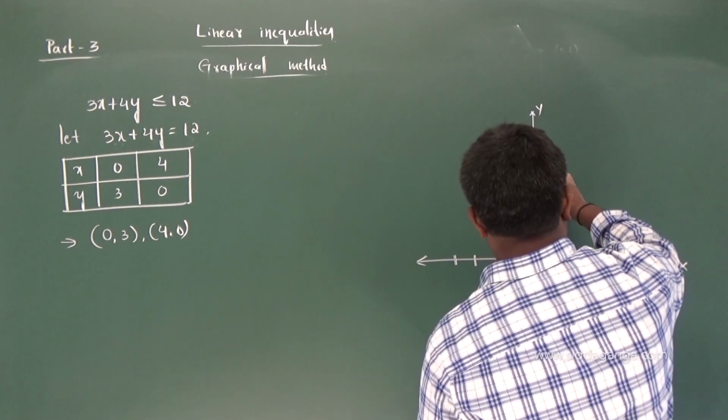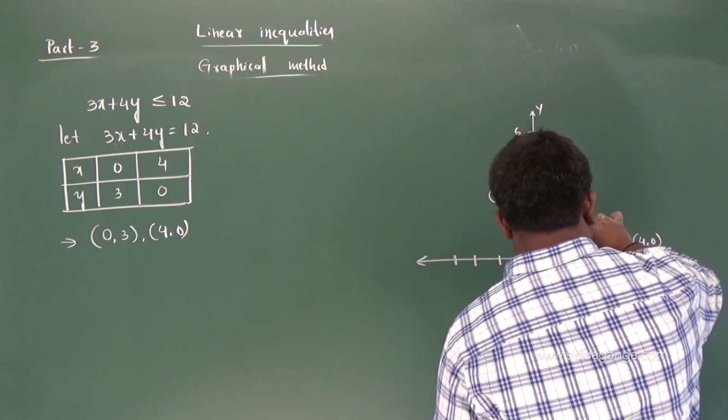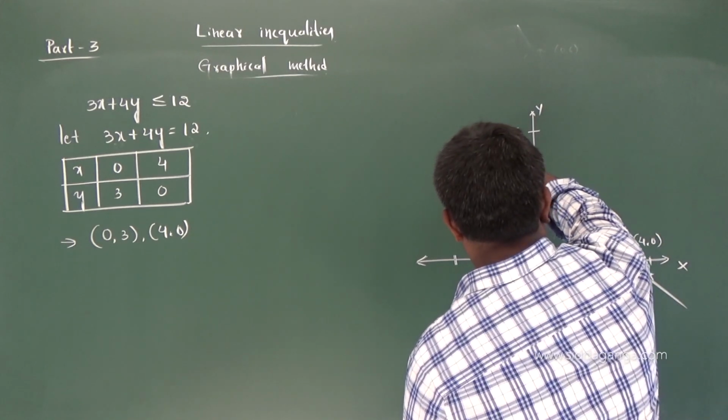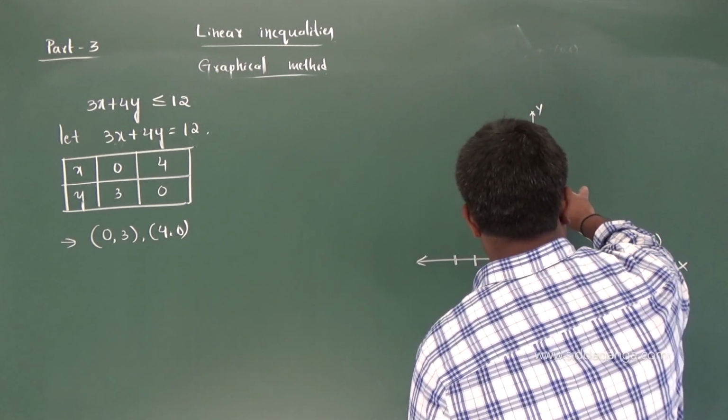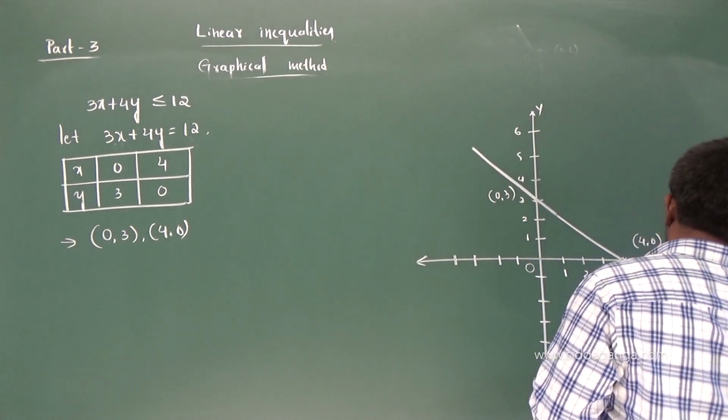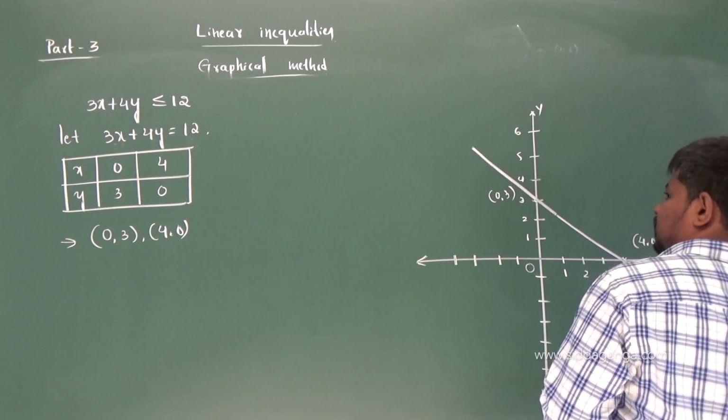So draw the line. Drawing a shaded line because it is a slack inequality. This is 3x plus 4y equal to 12.